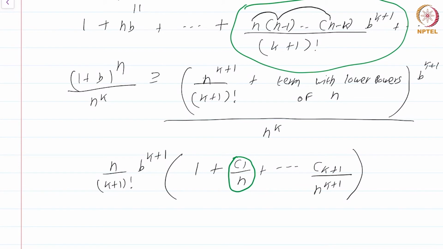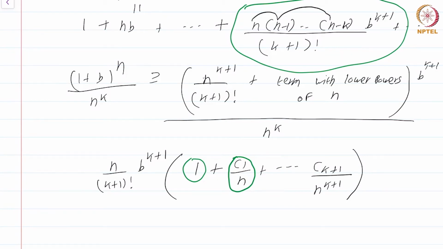And similarly, the final term will be a constant term out of which I am dividing an n power k and I am taking an n outside, so there is an n power k plus 1. And this 1 accounts for the very first term, which is n power k plus 1 by k plus 1 factorial into b power k plus 1. Right? Now, why did I do this?